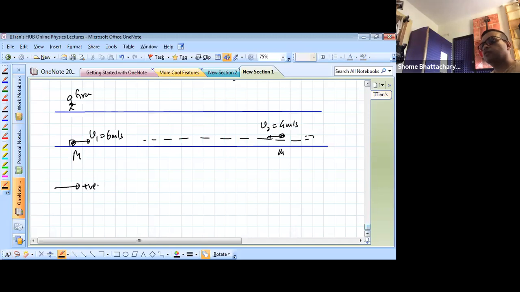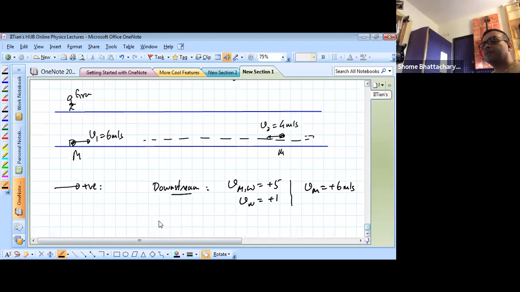So in the downstream journey, the velocity of the motorboat with respect to the water is +5 and the velocity of the water is +1. So the velocity of the motorboat becomes +6.